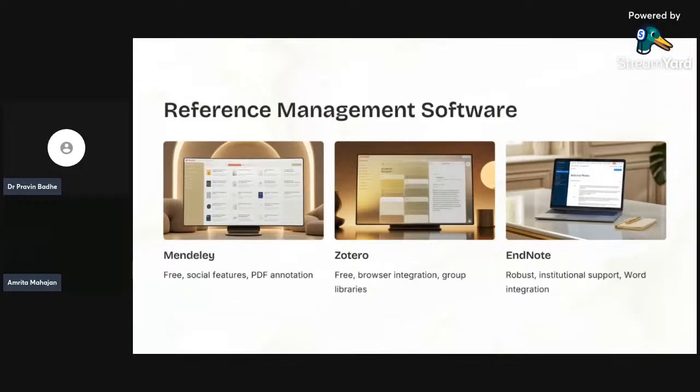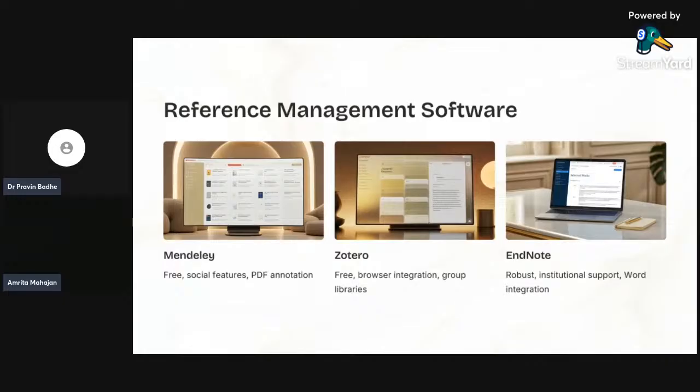And then there is reference management. There are many types of reference management software which you can link with Word. Whenever you are preparing an article or doing scientific writing, you have to link and cite the references, and this software makes that very easy.